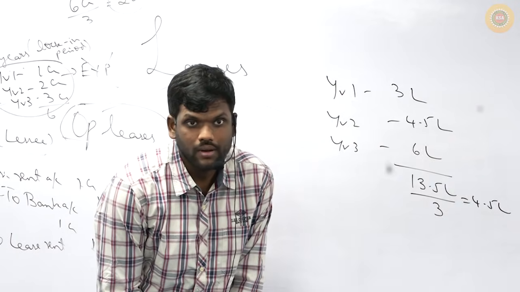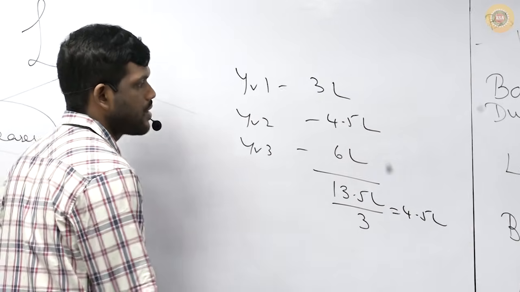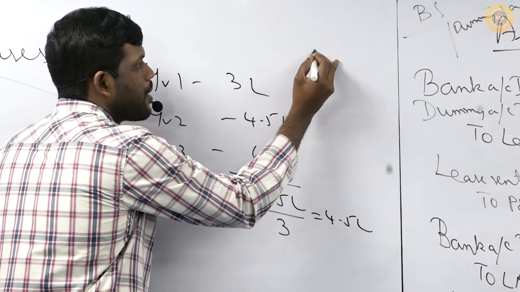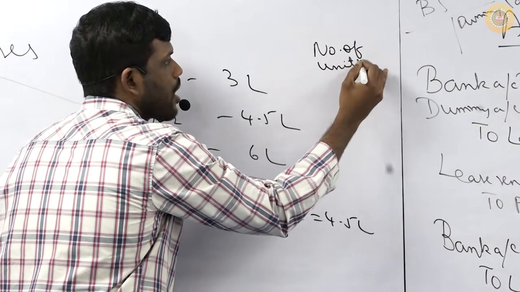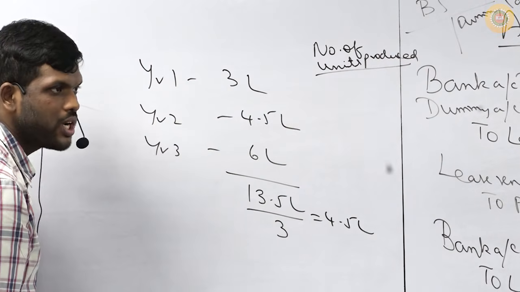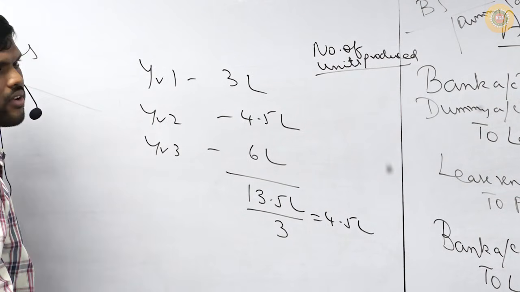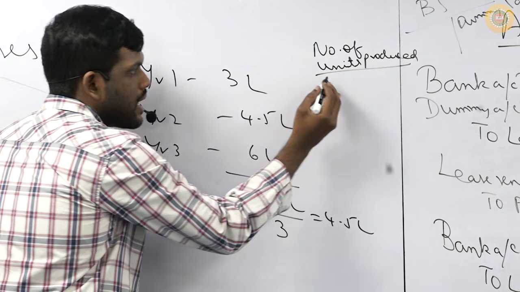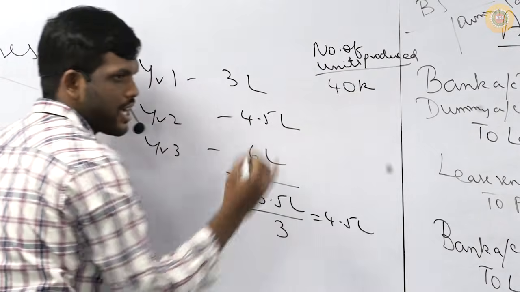Okay, listen. But suppose in the question they have given the number of units produced: first year, the lessee is able to produce 40,000 units.